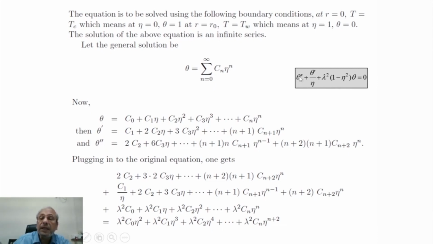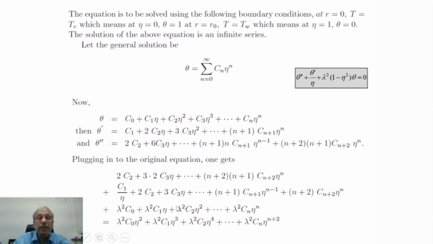So we write theta double prime plus theta prime by eta plus lambda square into theta equal to, we take lambda square into eta square into theta on the right hand side.